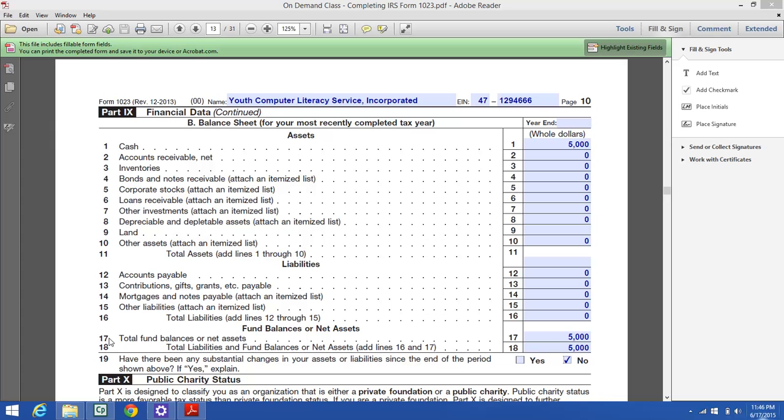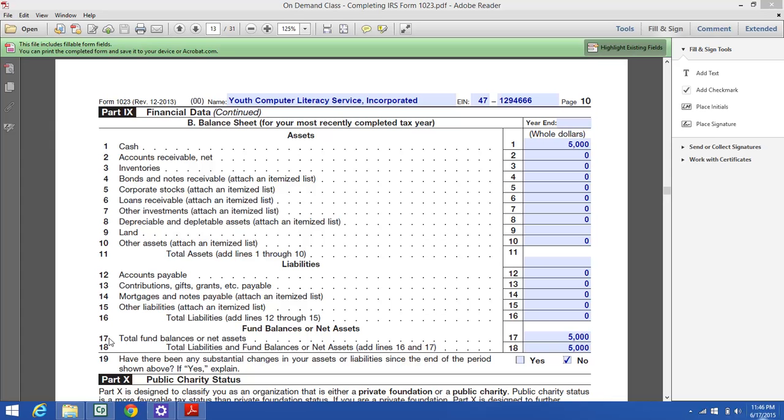For liabilities, which is something that you owe, let's say they don't anticipate having any. So their total fund balances or net assets would be $5,000, and total liabilities and fund balances or net assets would be $5,000.